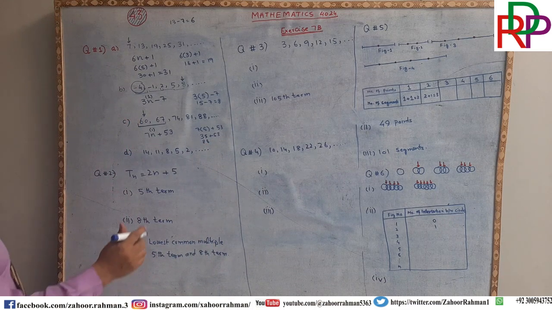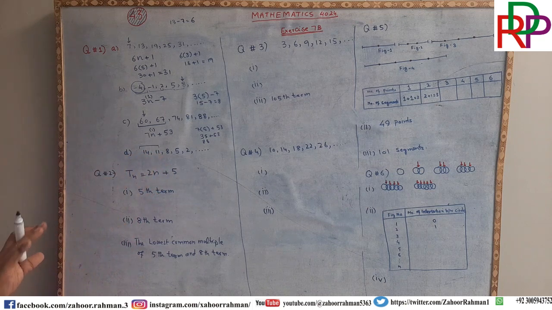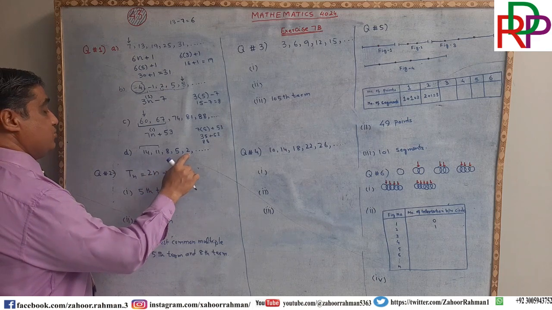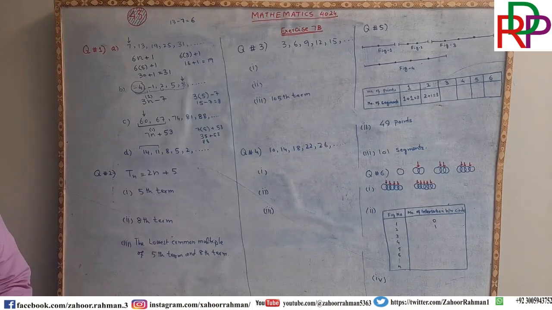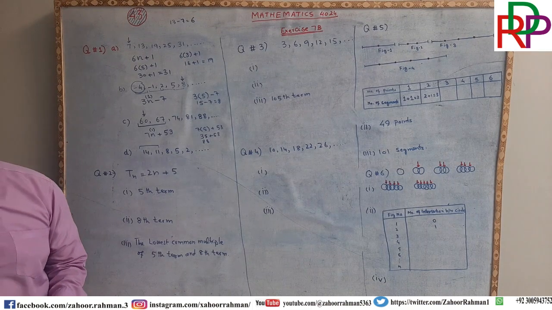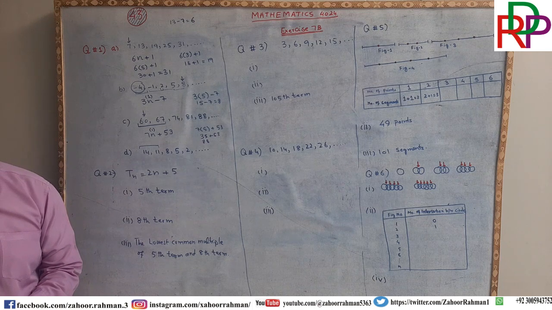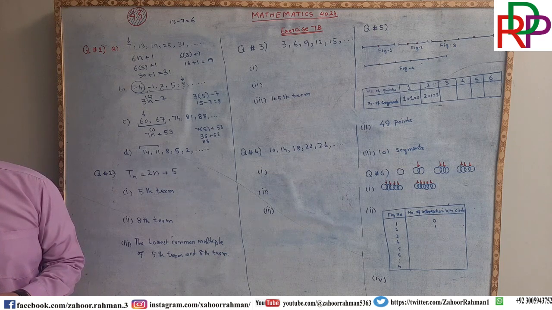Now it is correct. Now what is the common difference between the two terms? Any terms you can take, for example, 5 minus 2, or 14 minus 11. The common difference is 3. The common difference between these two is 3. Actually, it is minus 3.